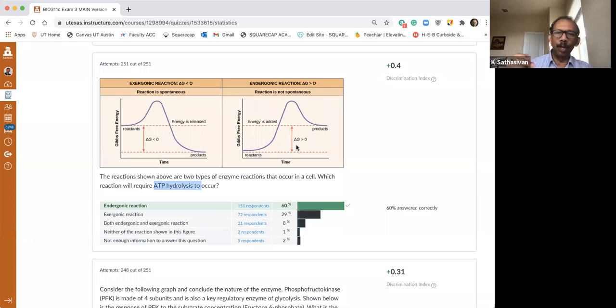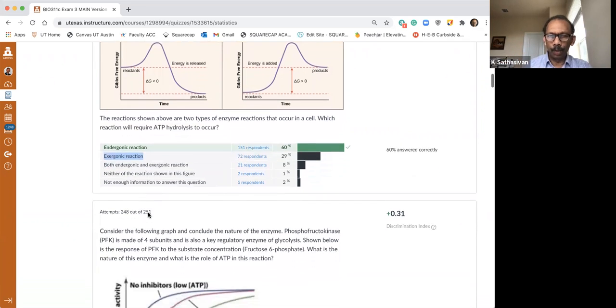I'm not even giving you any numbers here, but 60% of students answered correctly. An exergonic reaction is a spontaneous reaction. It's already a favorable reaction, happening on its own. You don't need to invest ATP to do that. So that is the conceptual understanding you need to have on this question, okay?